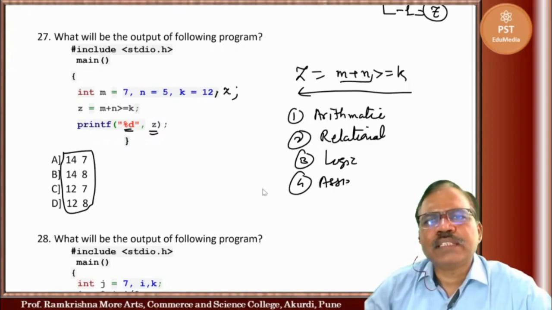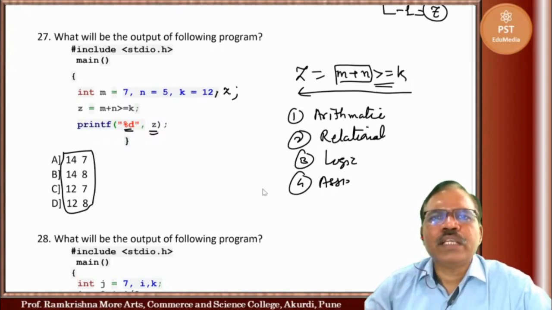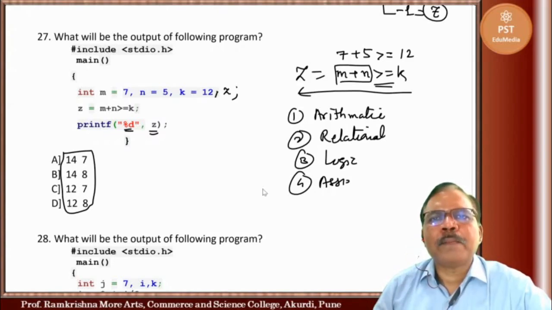So m plus n is performed first, then greater than or equal to relational and k. So m plus n, that is 7 plus 5, is 12, greater than or equal to. Is 12 greater than or equal to 12?